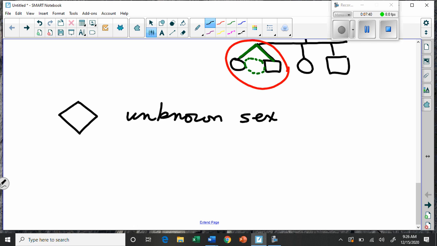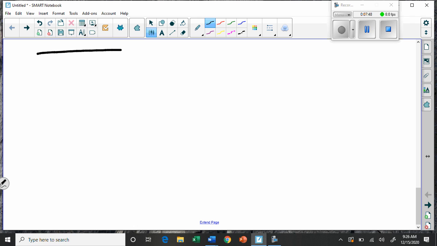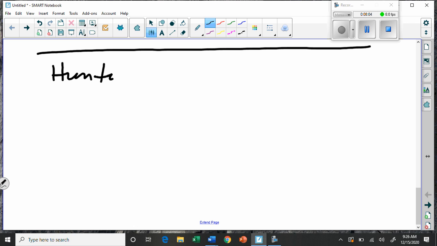So we could do an interesting sort of pedigree for people who have something that runs in their family. So let's just kind of do an example. The example we'll do is let's do Huntington's disease.